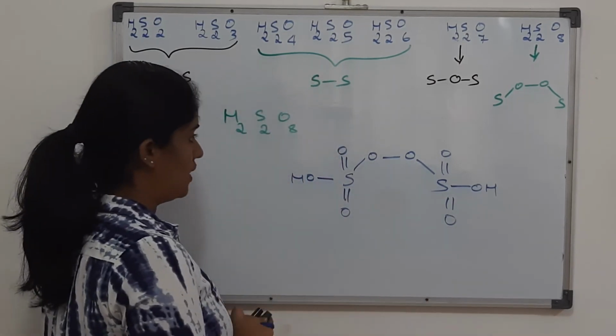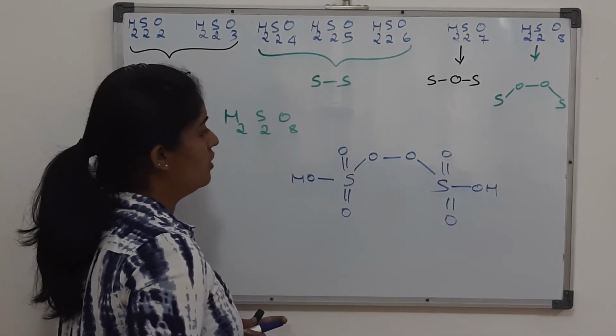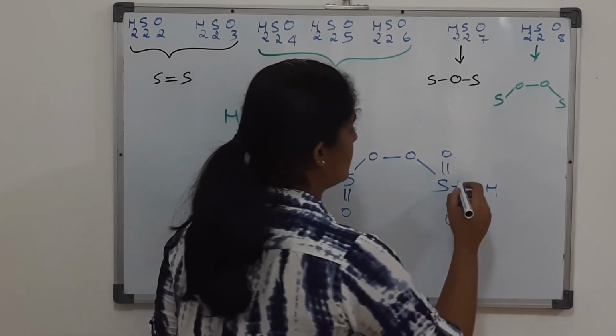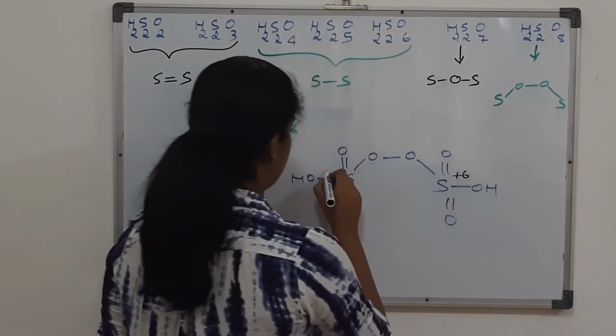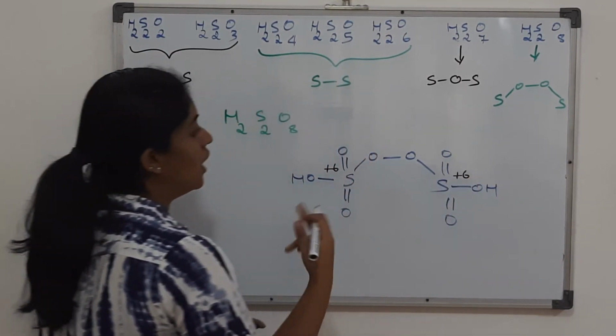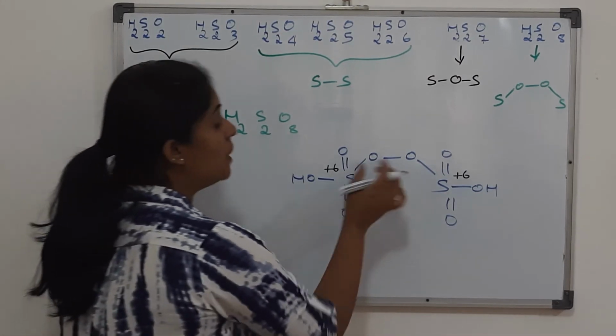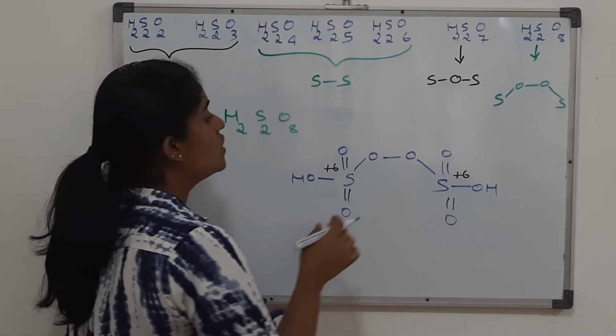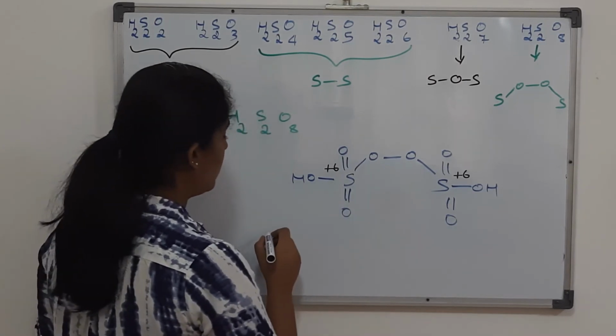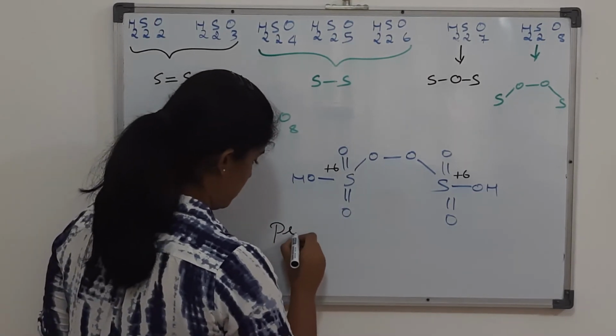Here also we can see that these sulfurs are in +6 oxidation state. Okay, so higher oxidation state. So this is also sulfuric and it has a peroxo unit, OO linkage. So this is peroxo disulfuric acid.